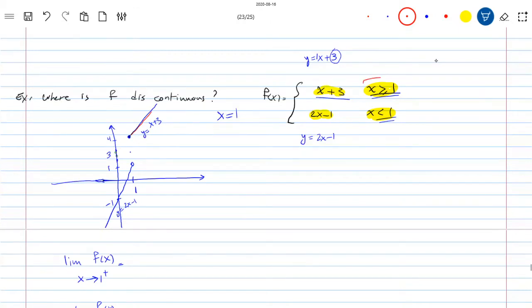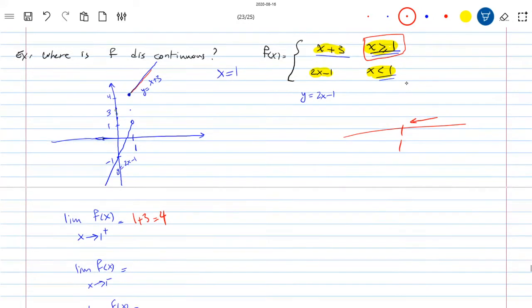So I'm going to use the first equation, since the number I'm picking must be greater than 1. If you think about the 1, you're approaching from this direction. The x value that you're picking is greater than 1, so you should replace x with 1 in the first equation. What you get is 1 plus 3, which is 4.